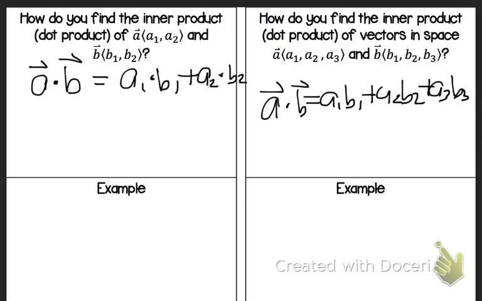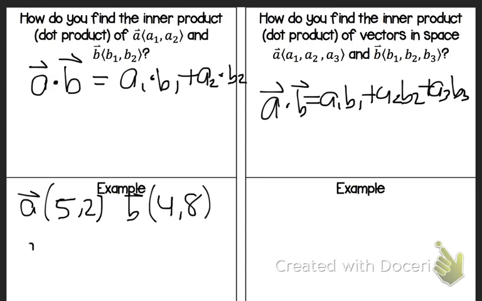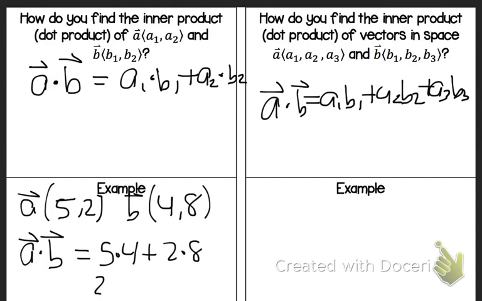So for example, if we have our a as 5, 2, and our b vector is 4, 8, then to get our dot product, we do 5 times 4 plus 2 times 8. So that gives us 20 plus 16, which is 36.